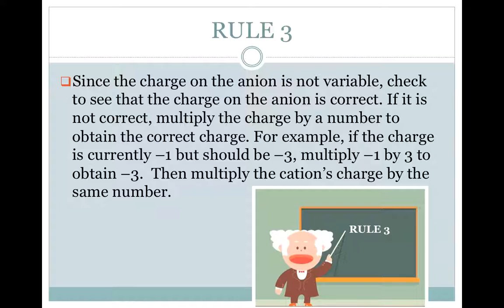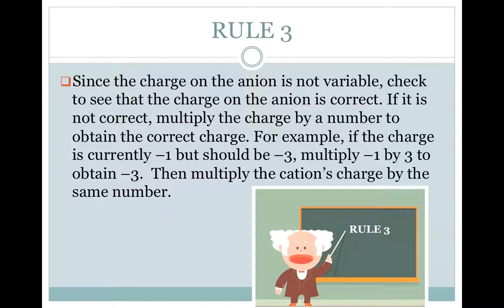Rule number 3. Since the charge on the anion does not change, what this means is oxide is always going to have O minus 2. Phosphide is always going to be P minus 3. The charge does not change on the anion. So you want to check and make sure the charge on the anion is correct.